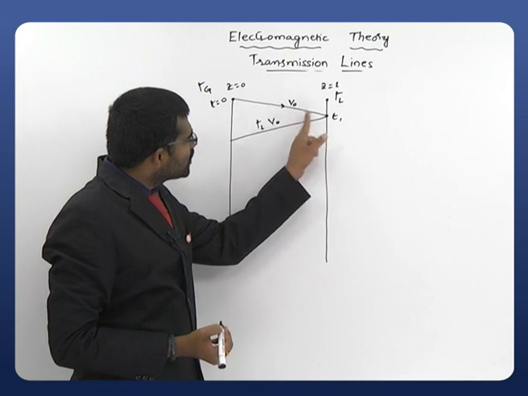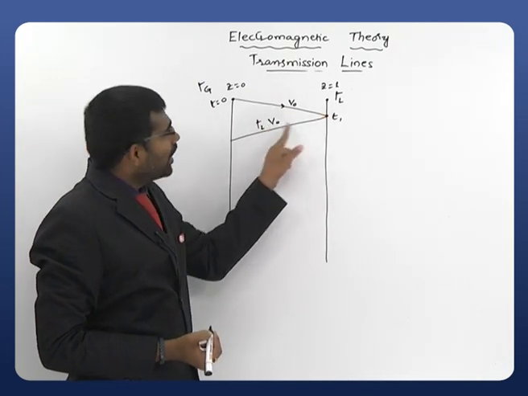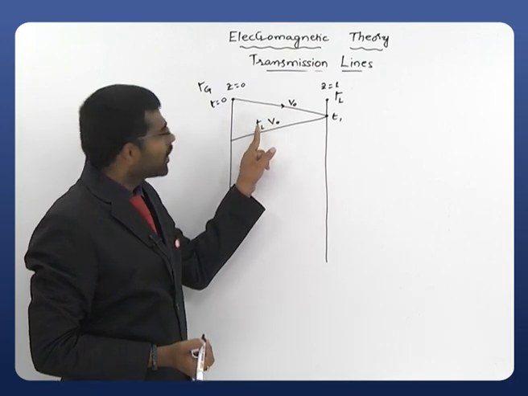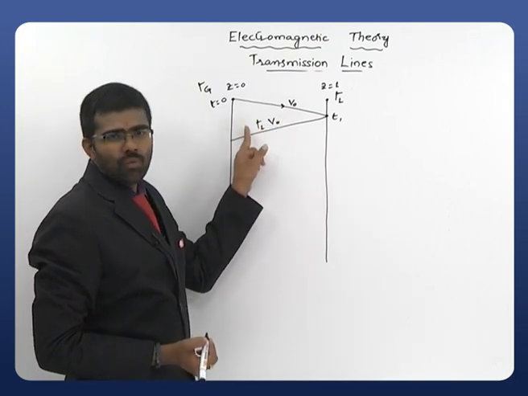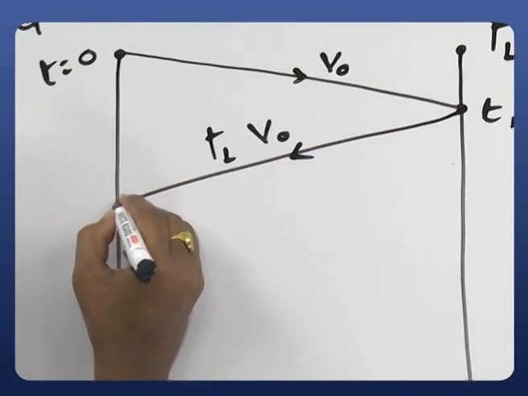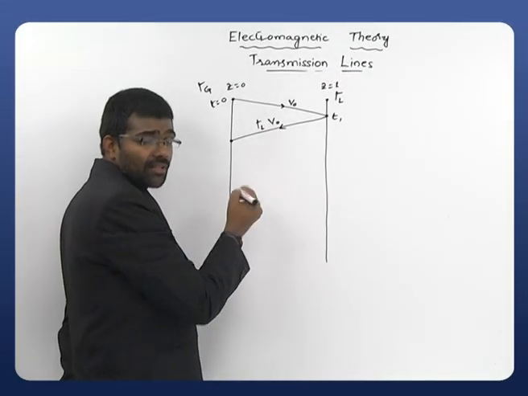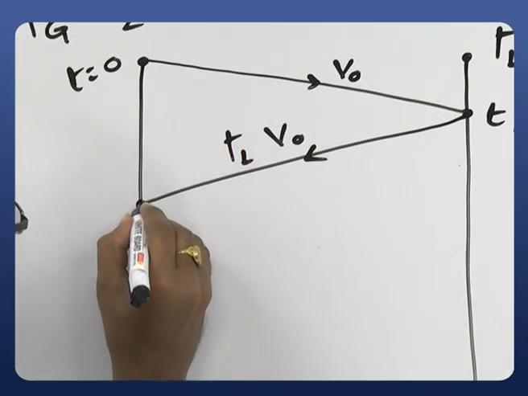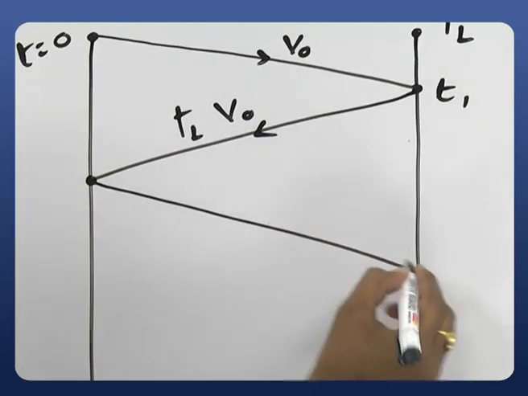The voltage which hits the load will be reflected, and the reflection coefficient takes a major role here. So gamma L into V0 is the voltage observed in this path, and it is now at the generator end. Once again, this generator is not perfectly matched, so a reflection will take place and it reaches the load end again.